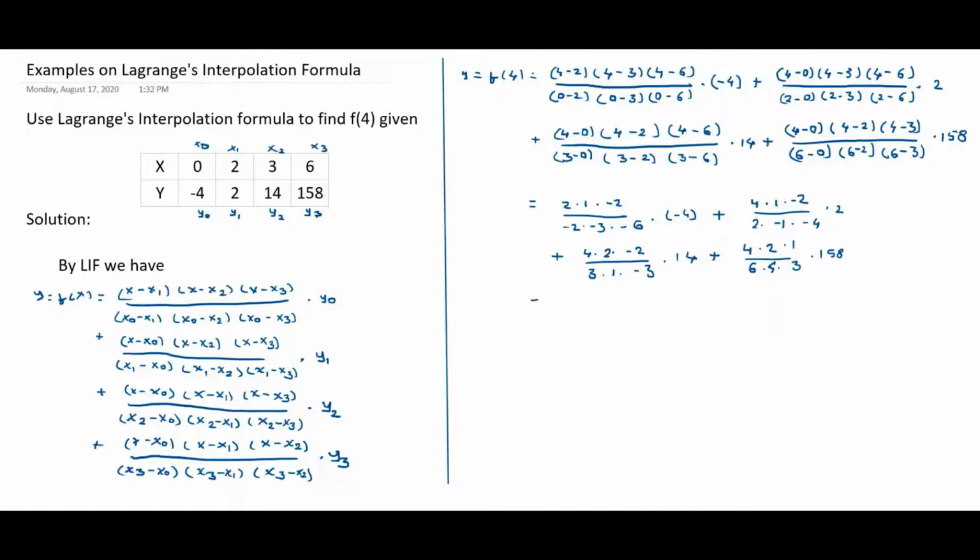Now this is equal to, now multiply. First I will take the sign. Minus into minus is plus, and in the denominator minus into minus is minus. So plus divided by minus is minus sign. Now multiply the numbers. 2 into 2 is 4, 4 into 4 is 16, divided by 2 into 3 is 6, 6 into 6 is 36.